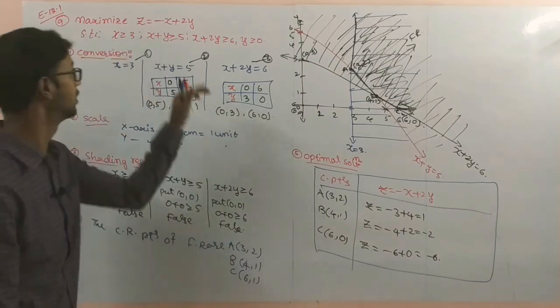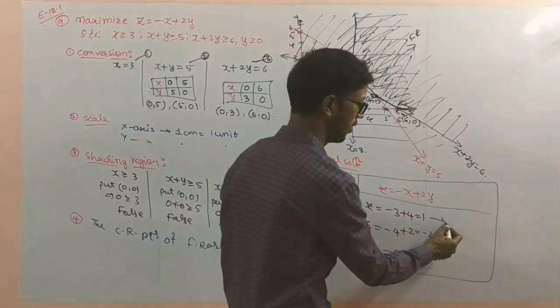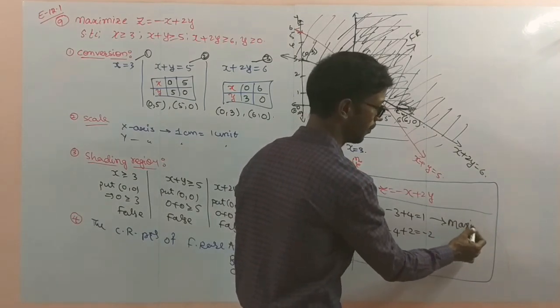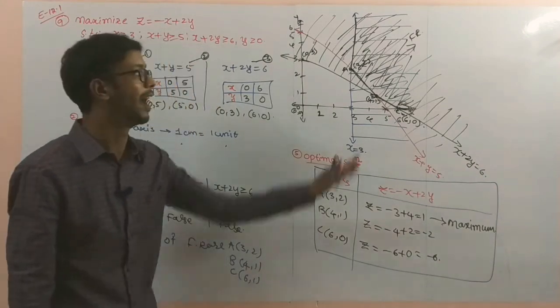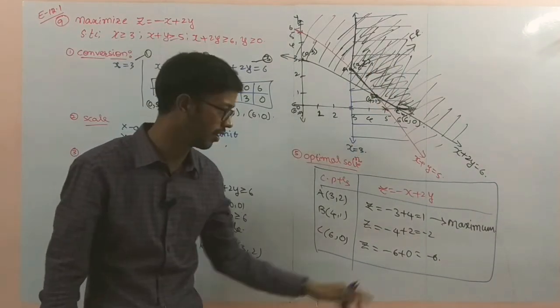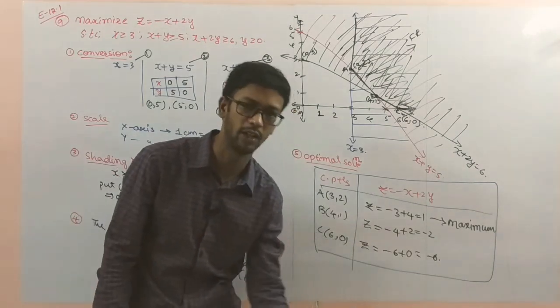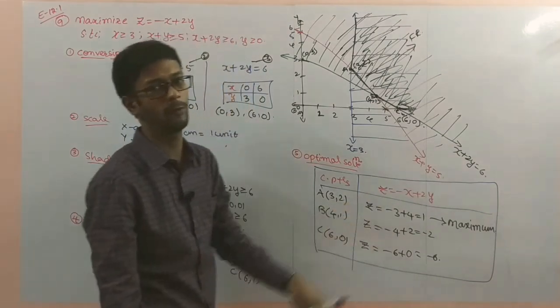The question is to maximize, so only the maximum value. What is the maximum value here? 1 is the maximum. This is an unbounded feasible region, so the minimum values will continue on, because if you take any point in the feasible region, smaller values will be obtained.